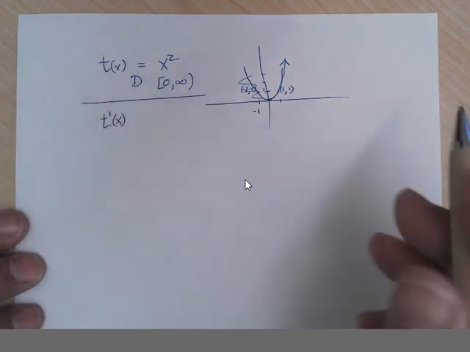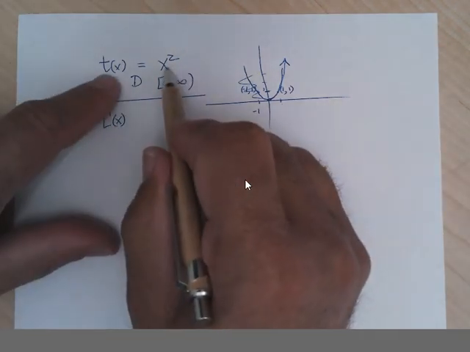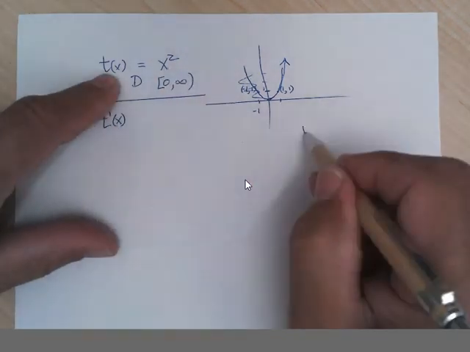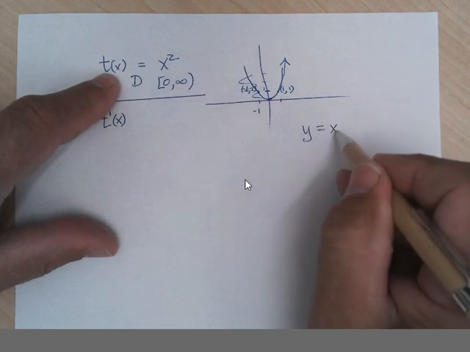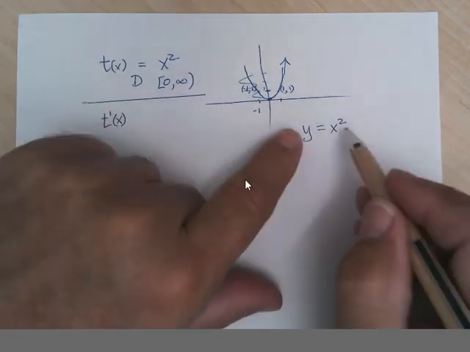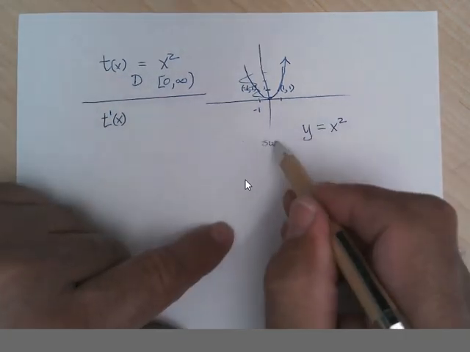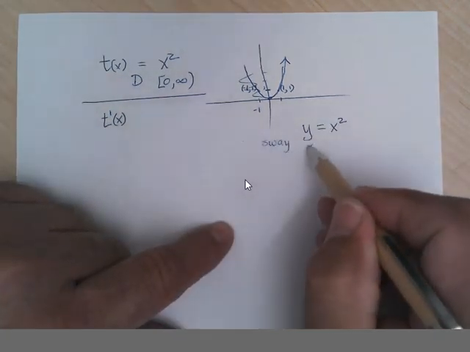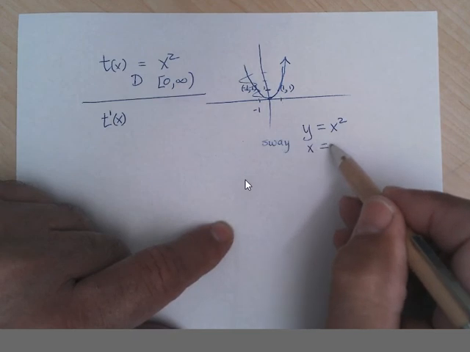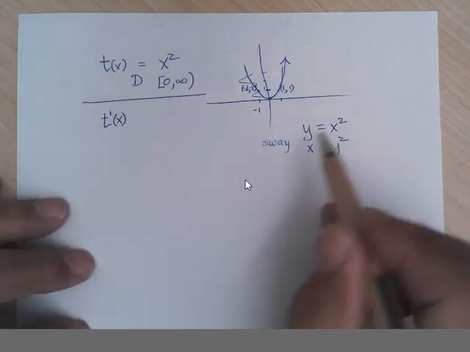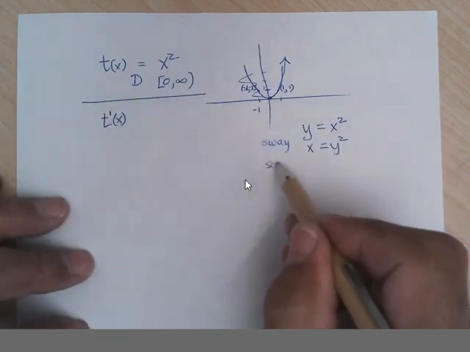And its inverse would be, let's see, I think of this as y equals x squared. I do a swap, and I get x equals y squared, and then I solve for y.